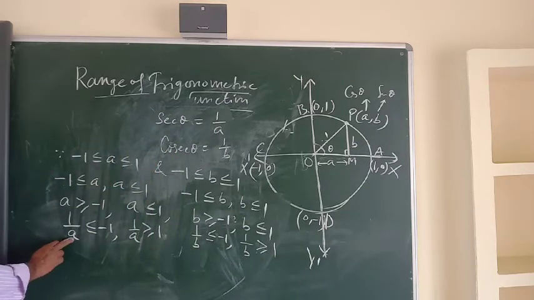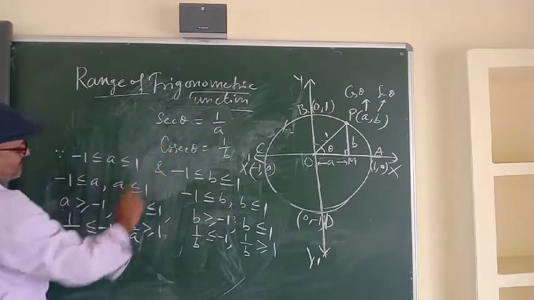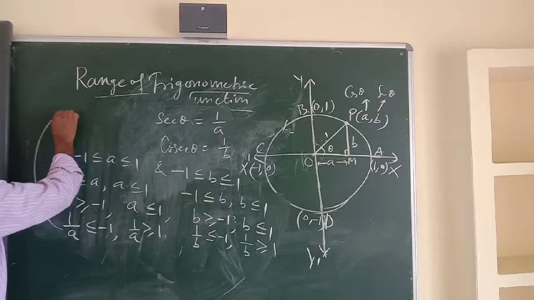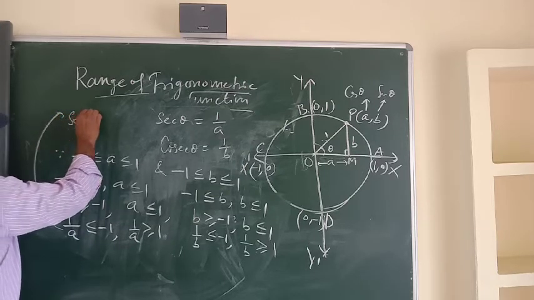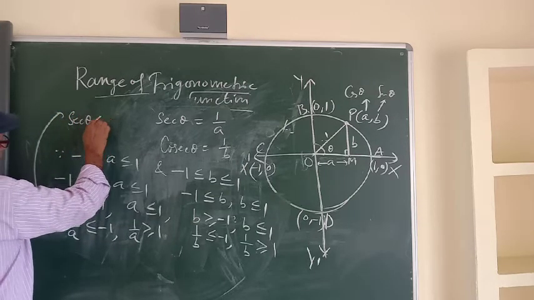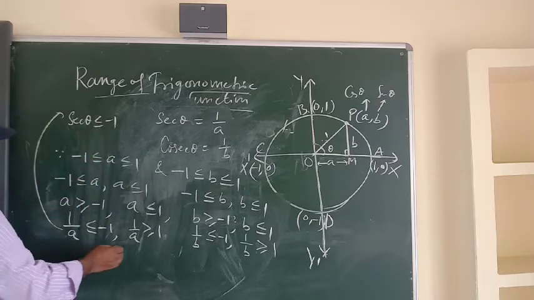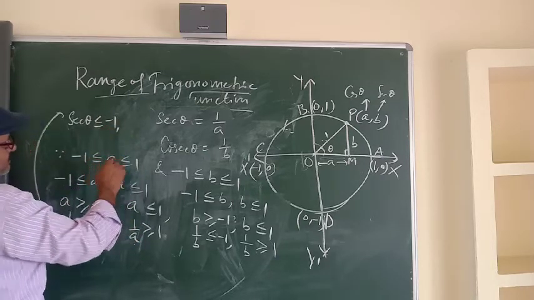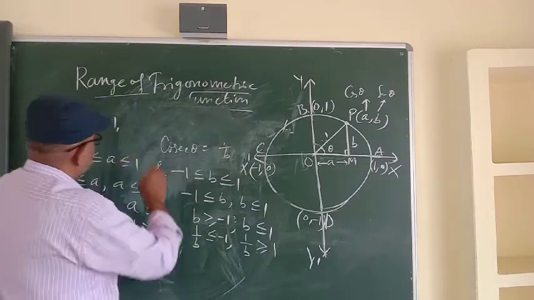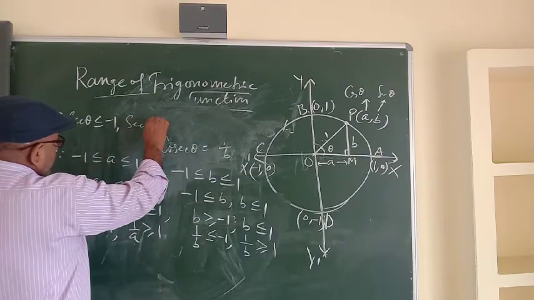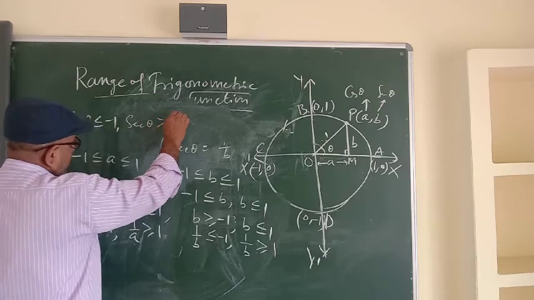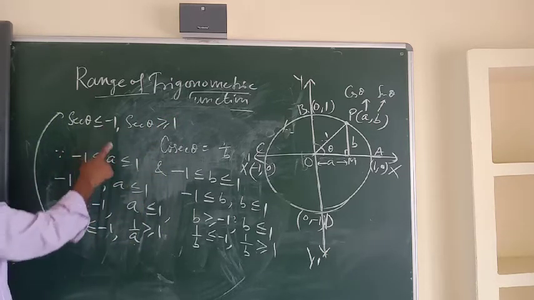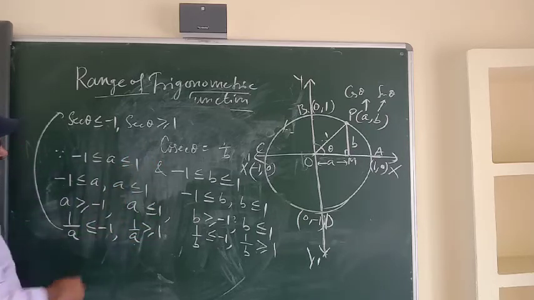What is 1 by A? 1 by A is sec theta. So we can write sec theta less than or equal to -1 and sec theta greater than or equal to 1.